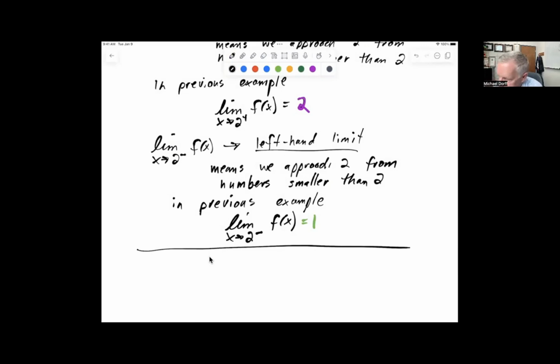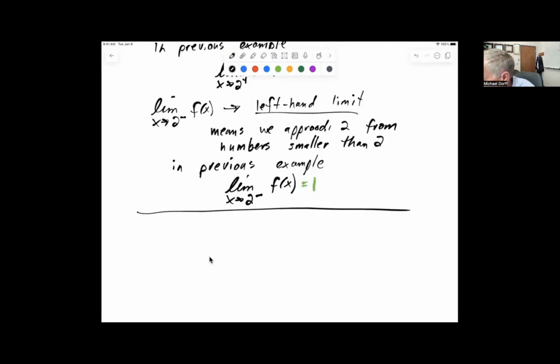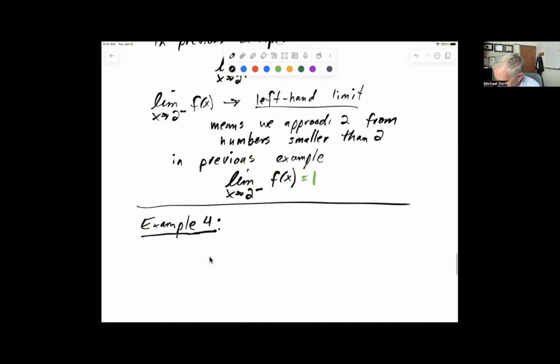All right. Now we have the next case, and this is the case where we have a 0 in the denominator. So we'll do this example here, example 4. Let's find the limit as x goes to 0 from the right of the function x minus 2 over x.